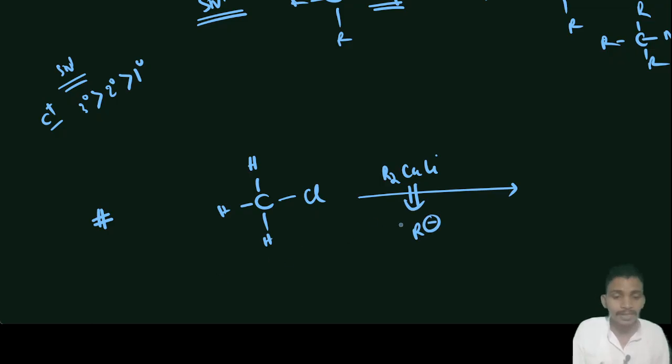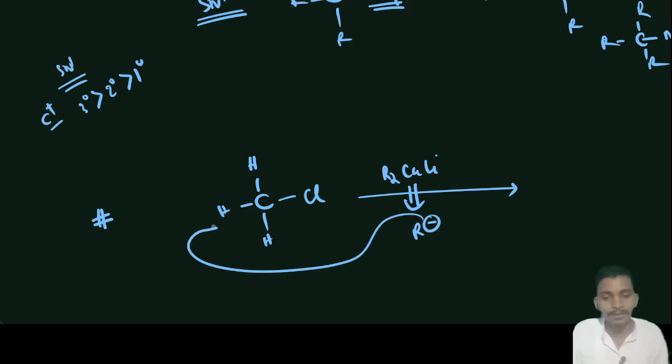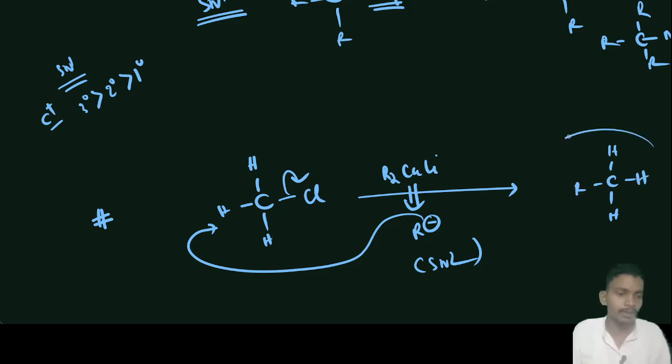This R minus will attack the backside, giving a good SN2 reaction. The leaving group leaves, and we get CH2 with R, and this is H. The R comes to the backside of the leaving group. So this is the SN2 reaction.